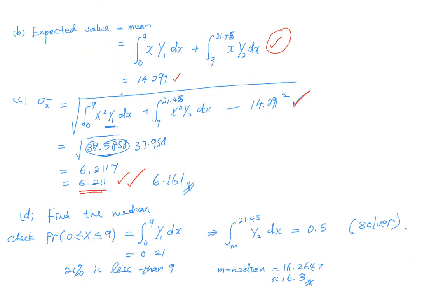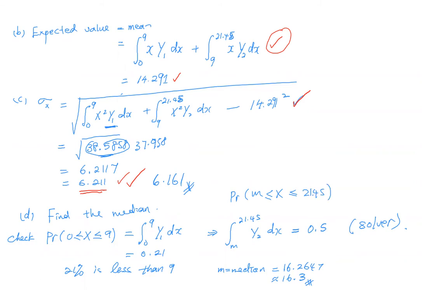Wait, Miss, what value did you put for X? What value should I type in for X? So what is the value of X that you will type in? You tell me.